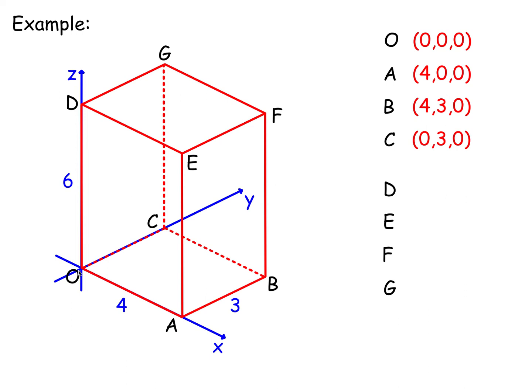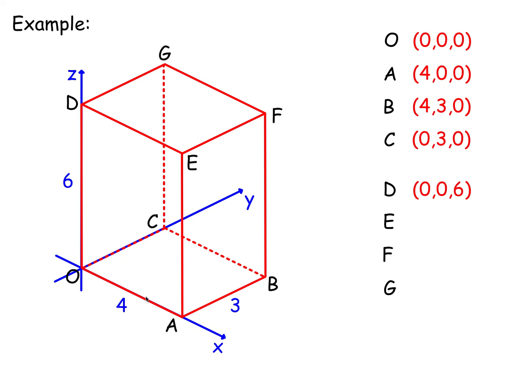So for D, you're 0 on the x direction, 0 on the y direction, and 6 on the z direction. So it's 0, 0, 6. For E, you're 4 on the x, 0 on the y, and then 6 for the z.